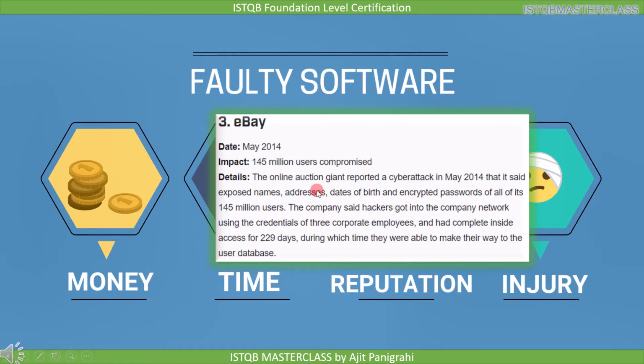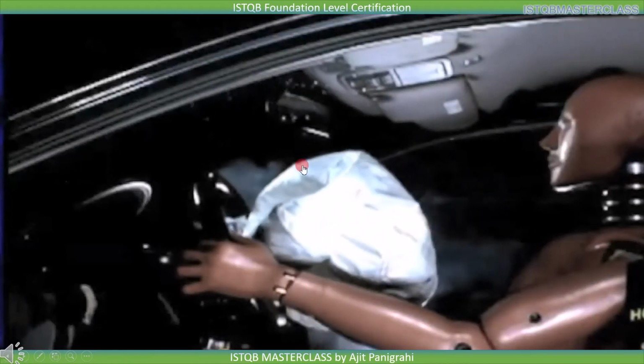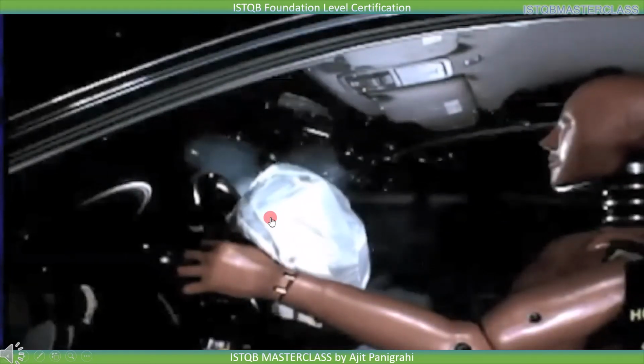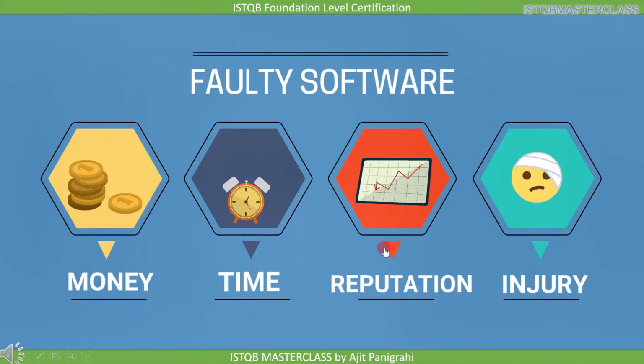And if such news comes out, it results in loss of reputation. Now let's see the last example, that is injury or death. For example, if the airbag system does not work as expected, then it can result in injury or death. So these were the 4 impacts of faulty software: loss of money, time, reputation, and injury or death.